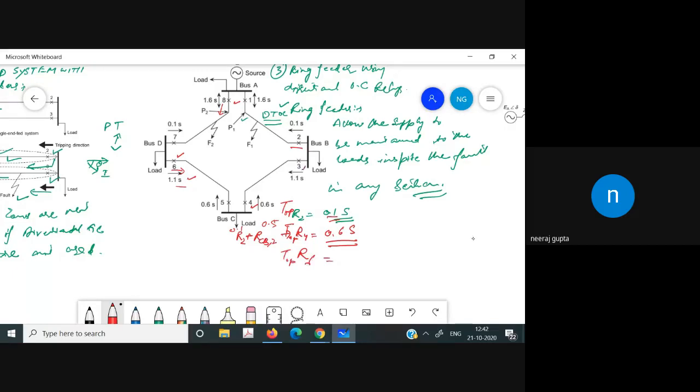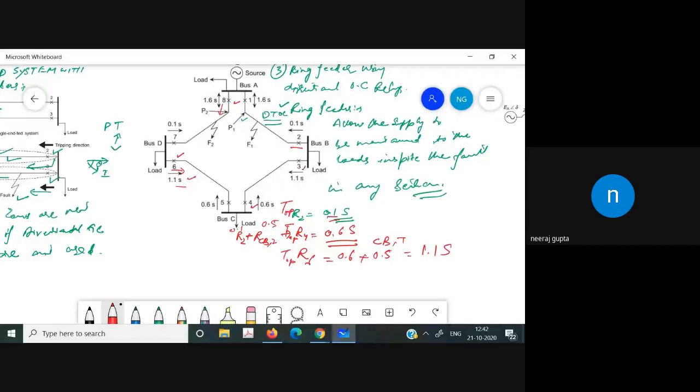So the operating time of R6 is equal to 0.6 plus the circuit breaker time, that is 0.5. This is the CB, circuit breaker time. Then definitely we are getting 1.1 seconds.